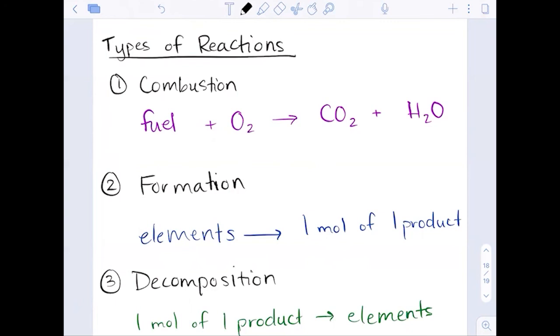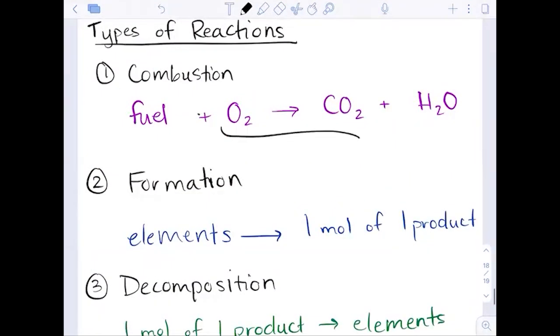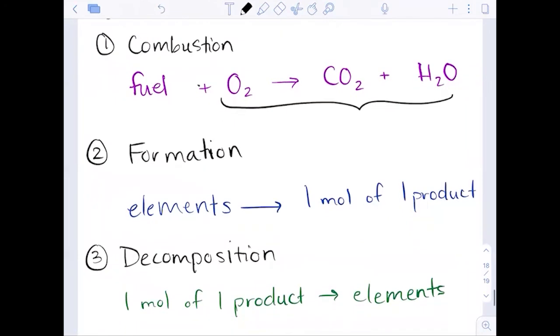You can also see oxygen incorporated in that, or nitrogen. Fuels can be more complex than just hydrocarbons, but they react with oxygen to form carbon dioxide and water. Those three components are going to be consistent. So when you see that type of a setup, you should understand it's a combustion reaction.